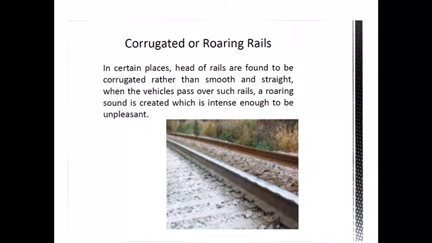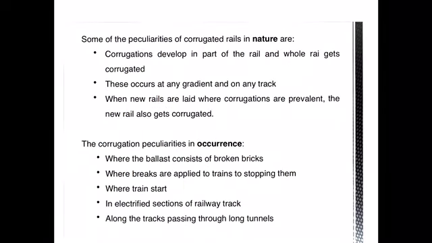Now, what are the reasons for the occurrence of such defects? The conditions can be called peculiar in the nature of occurrence, and there is also a peculiar reason for the occurrence of the corrugation. Let us look into what these peculiarities are.